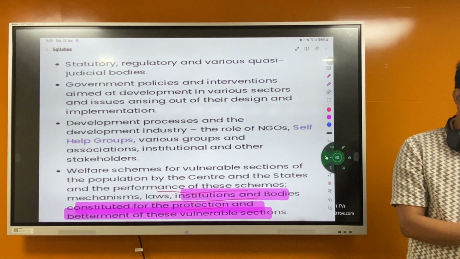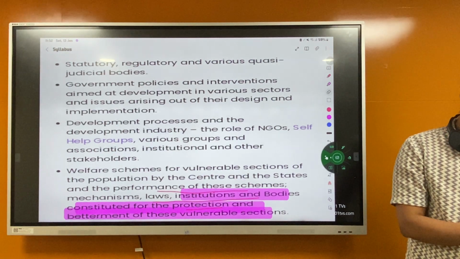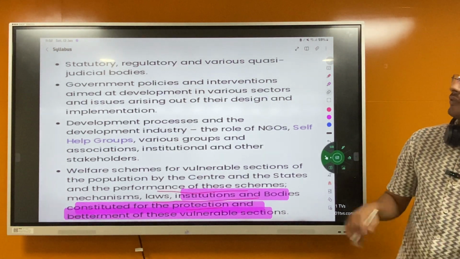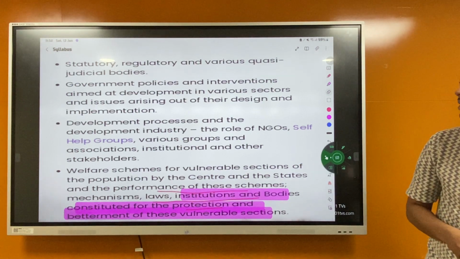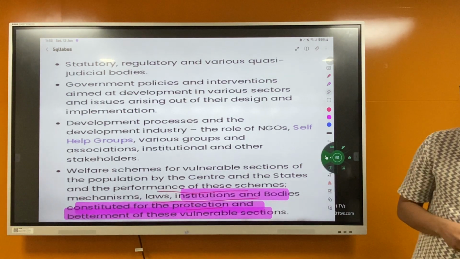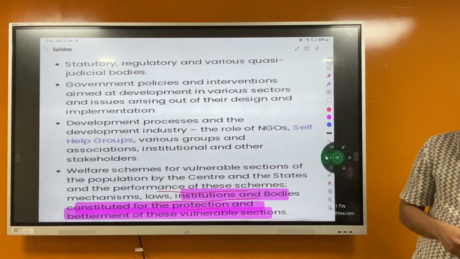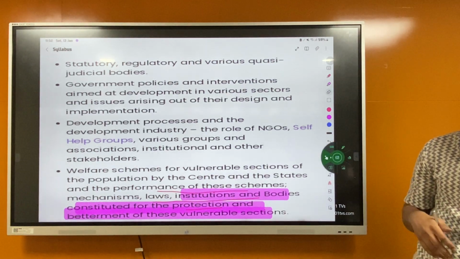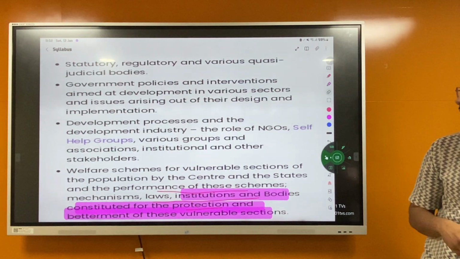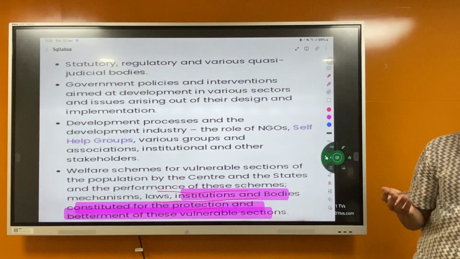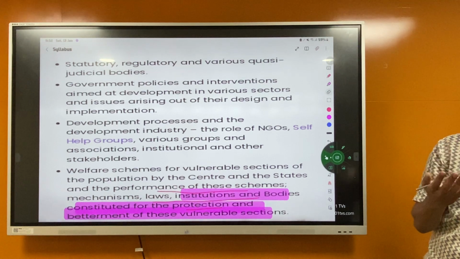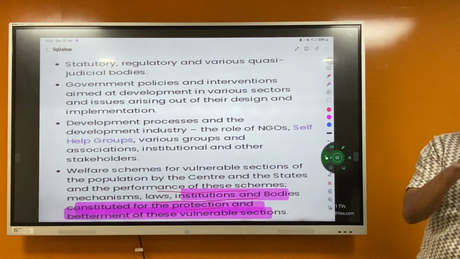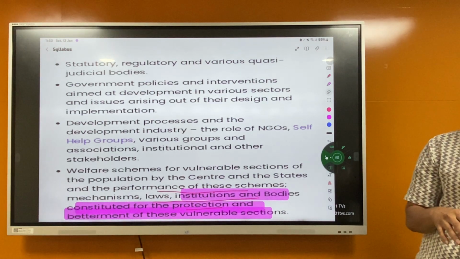The role of NGOs, self-help groups, various groups and associations, institutional and other stakeholders. This is a very big topic and we'll see more about this. SHGs and the role of MGNREGA and other different NGOs, how they help in the development process, right? And institutional, non-institutional, associational, we will look into it. There are pressure groups, like interest groups, we will define what it is, and how it works in India. Okay?